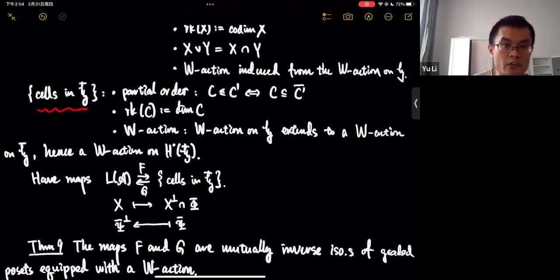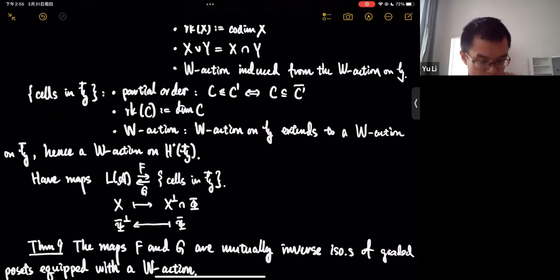This poset is also ranked. The rank of a cell is equal to just its dimension. And the Weyl group action on H extends naturally to a Weyl group action on H bar, and so there's an induced Weyl group action on the cohomology of H bar.